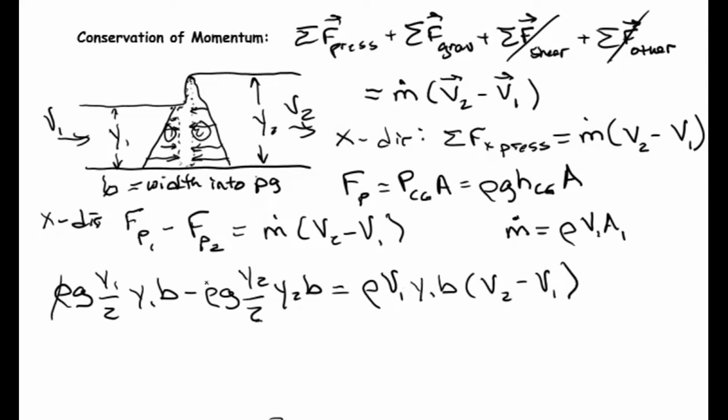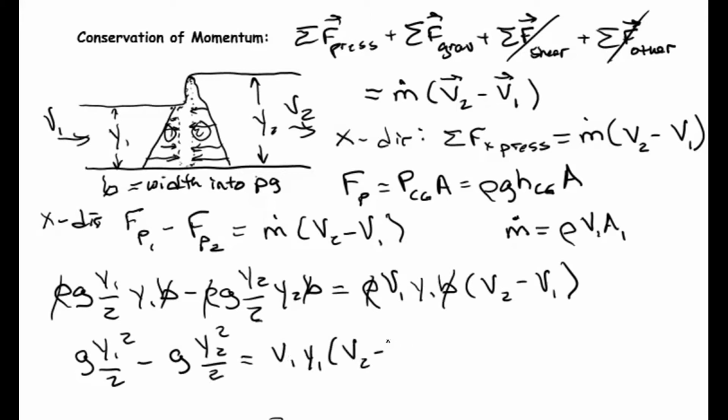All our rhos cancel, all our B's cancel, and what we're left with then is g Y1 squared over 2 minus g Y2 squared over 2 equals V1 Y1 times (V2 minus V1).